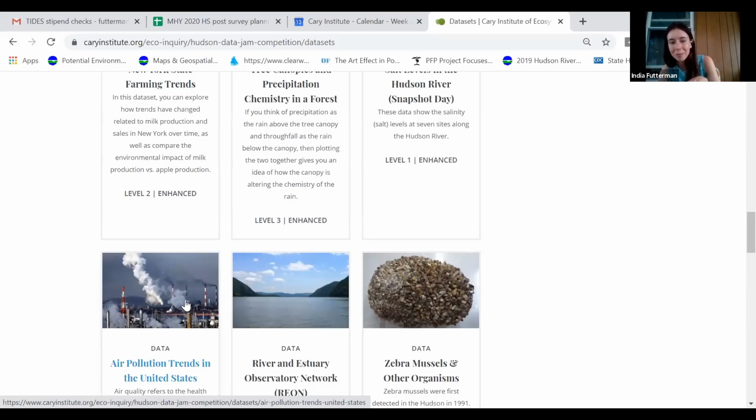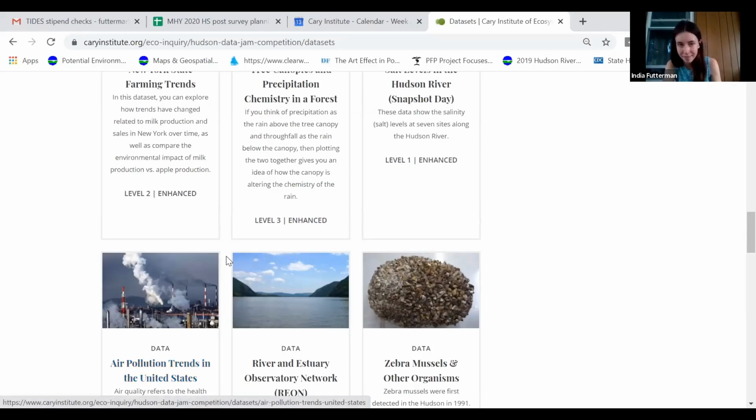Level 2 is a little more complicated, and then level 3 is our most difficult, most challenging to interpret. Multiple variables, the trends are murkier. It requires a lot more bold interpretation, I think, to make claims about our level 3 data sets, but they're still really interesting to look at.